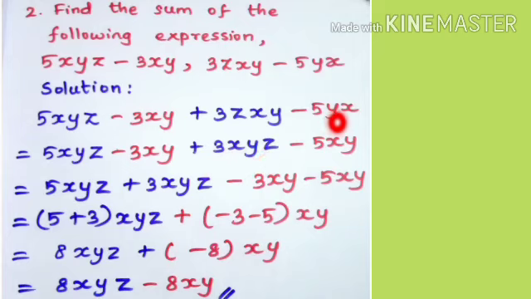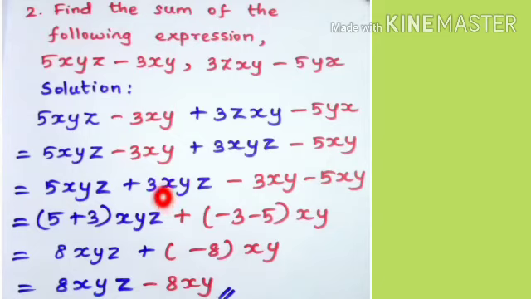And also here minus 5yx can be written as minus 5xy, because the order in which we multiply two integers does not matter. By using this commutative property under multiplication, we can write 5yx as 5xy.